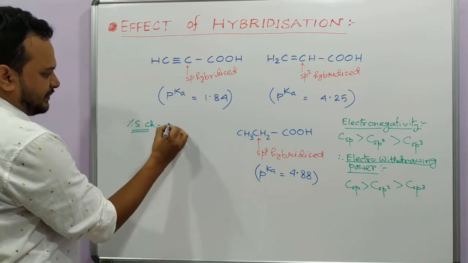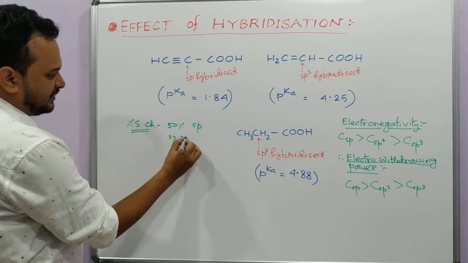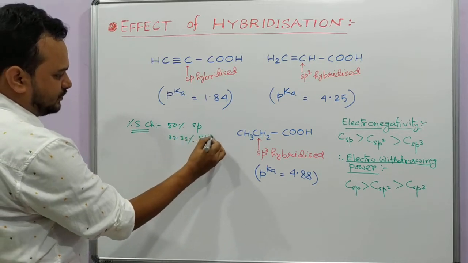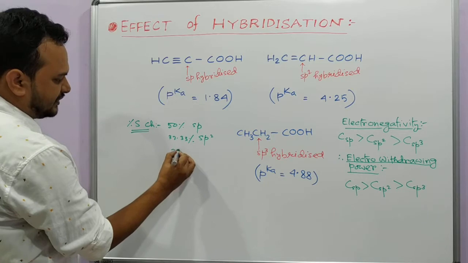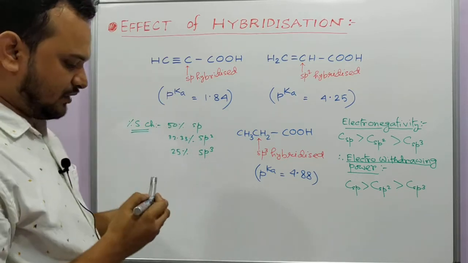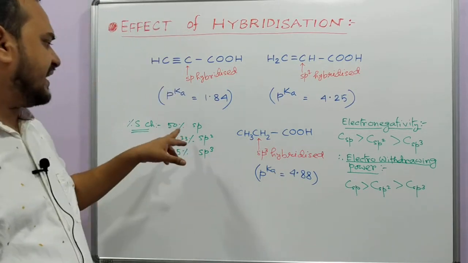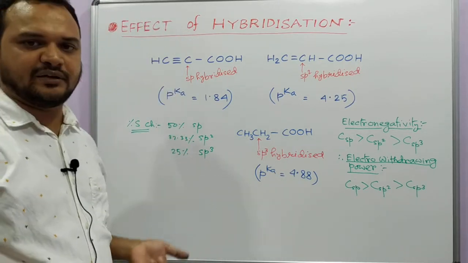Now we know that the percentage S character is 50% for sp, 33.33% for sp2 and 25% for sp3. We have discussed it in our previous videos on hybridization. And the greater the S character, the greater the electronegativity.